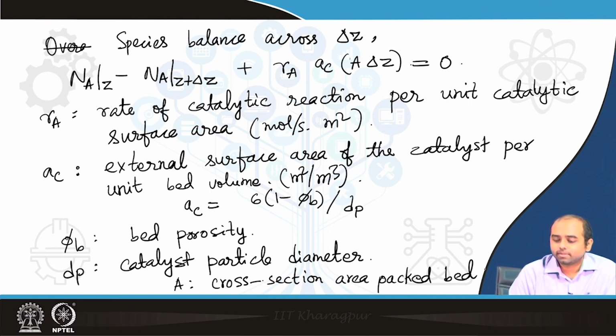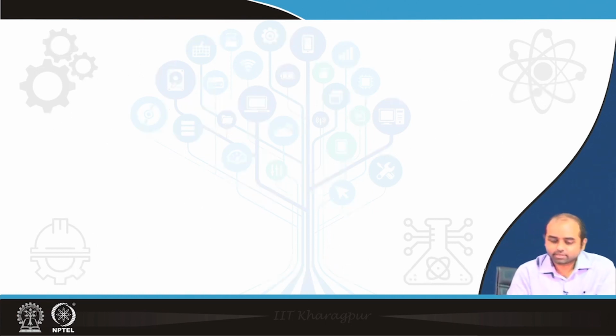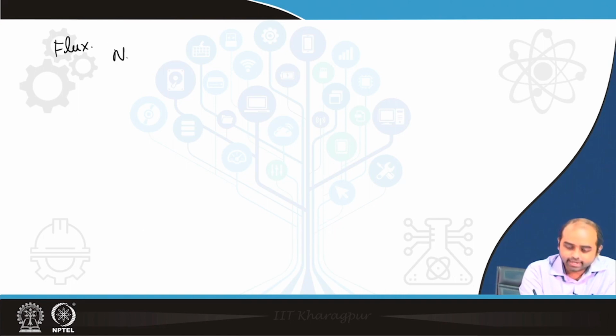Right. So, considering this, of course, I have to write the flux. So, this flux in A has two components, the diffusive flux and the convective flux.